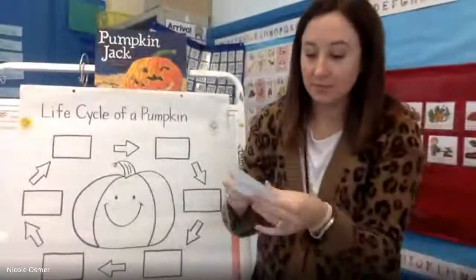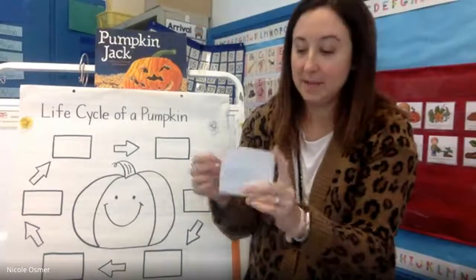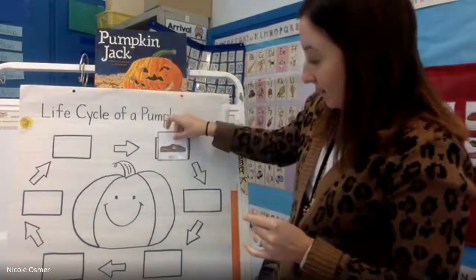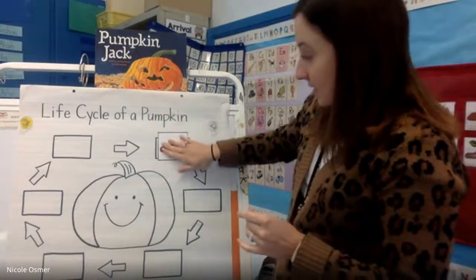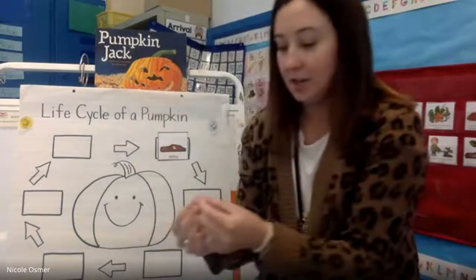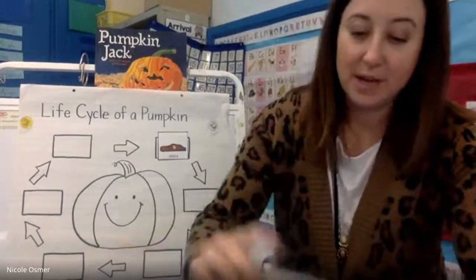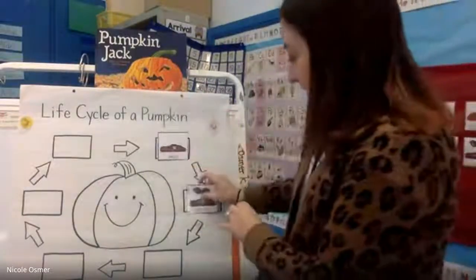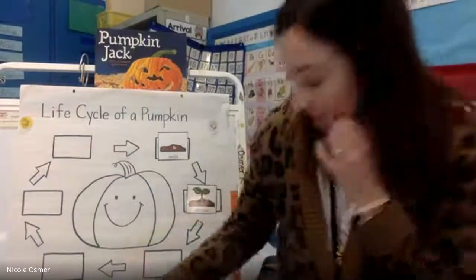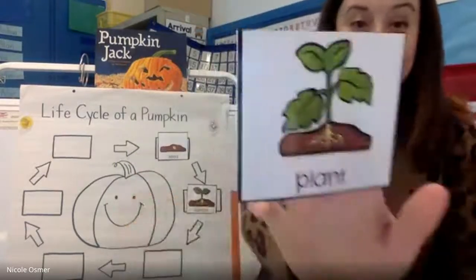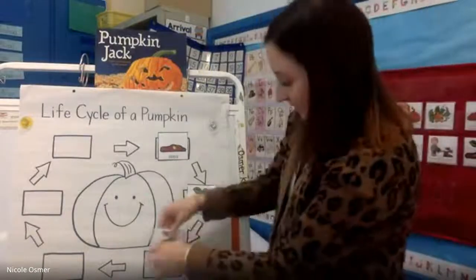Tim, when the pumpkin was rotted, the first Pumpkin Jack he had at the end of October, he had a pumpkin seed that came from the rotted pumpkin center, and then the seed grew into a pumpkin sprout. From the roots came up this tiny little sprout, and from the sprout grew a pumpkin plant. That's the next word.